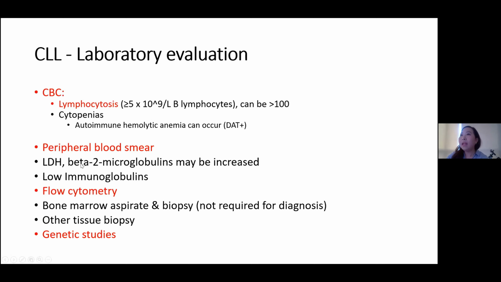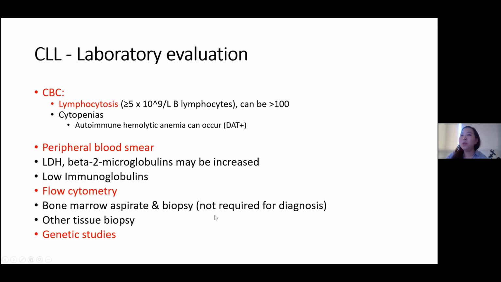And sometimes you can see increase in LDH and beta-2 microglobulins as a marker of higher cellular turnover. And often in CLL, you can have low immunoglobulins, so the immunoglobulins actually suppressed, and some of these patients require monthly IVIG infusions to keep their immunoglobulins up.